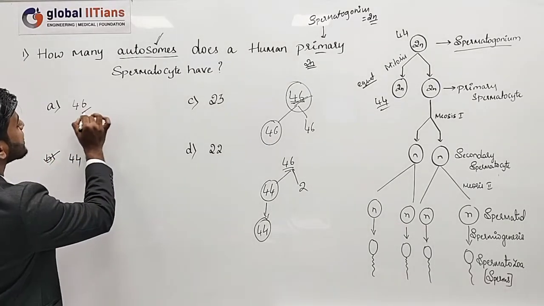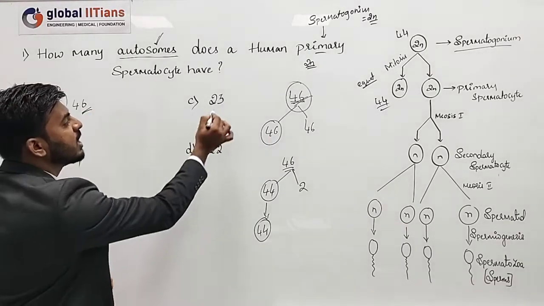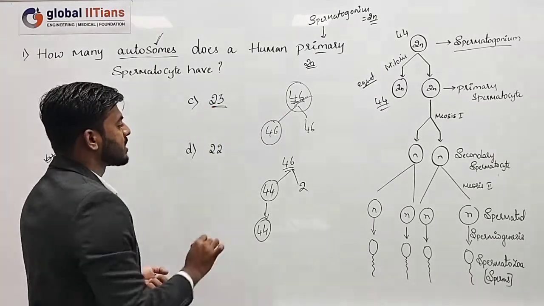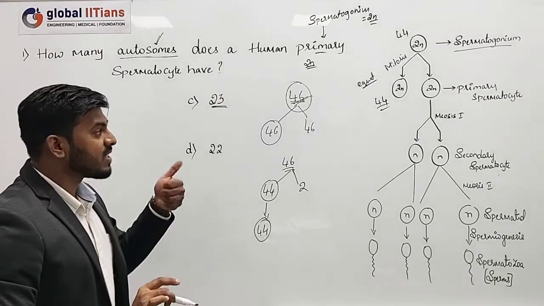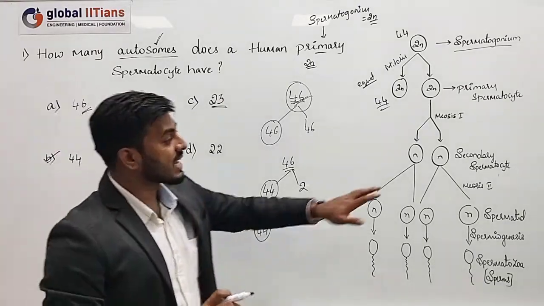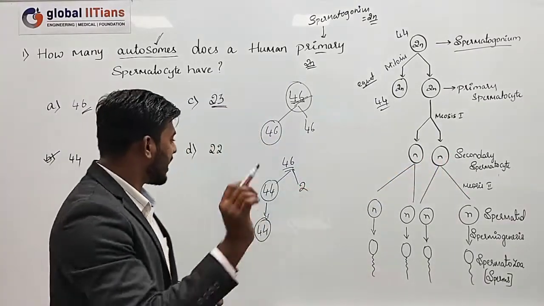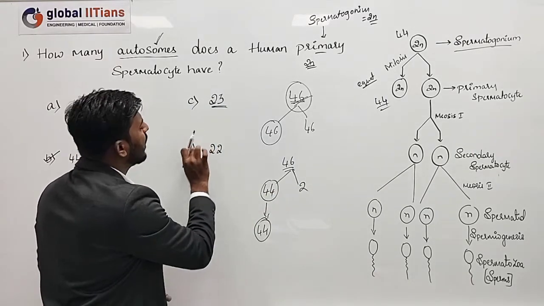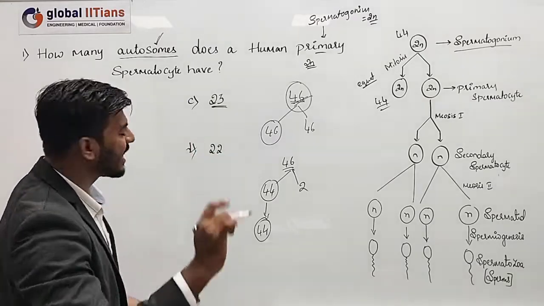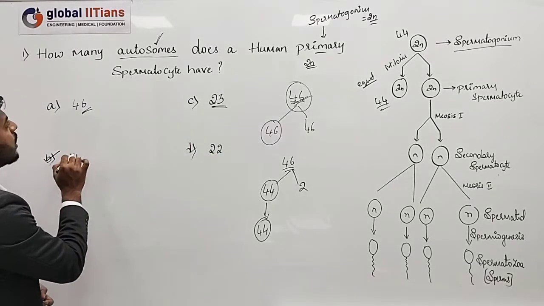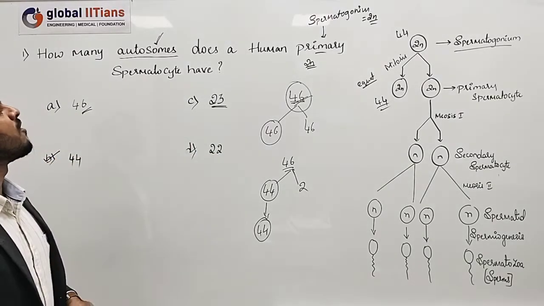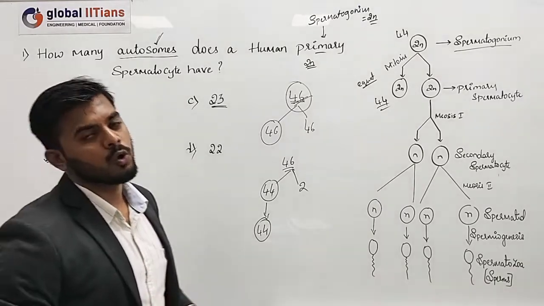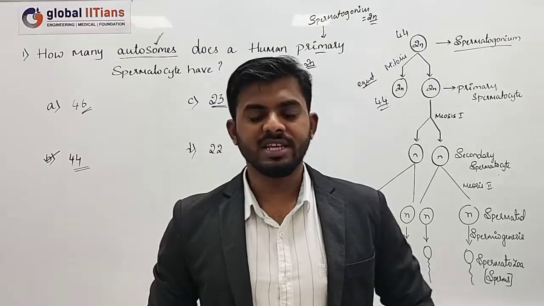Guys, 46 is given, which is pretty confusing here. 23, because we always say 23 pairs, is also pretty confusing. And remember, only if they ask you for the secondary spermatocyte, then it's going to be 22. So all are similar options, but the correct option is 44. In the autosomes of the primary spermatocyte, we see 44 chromosomes. So that's all about this question.